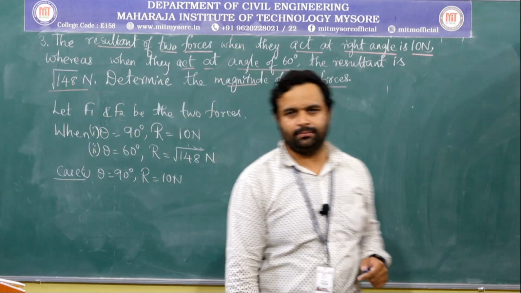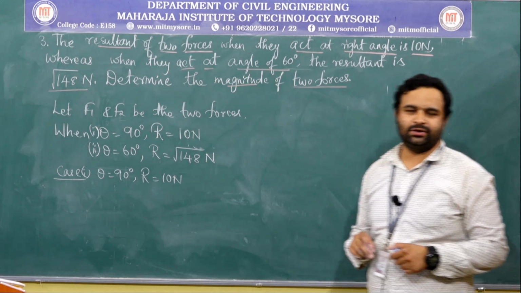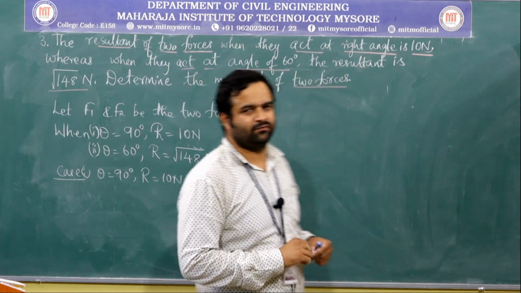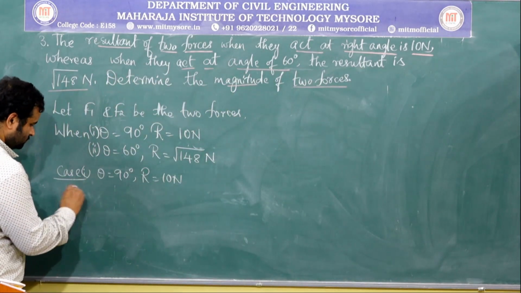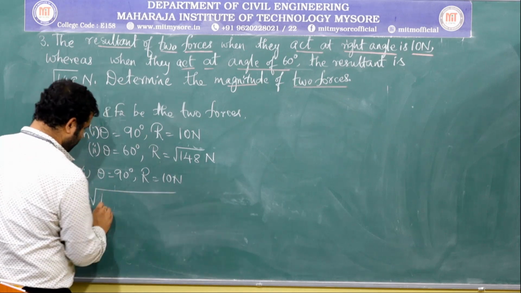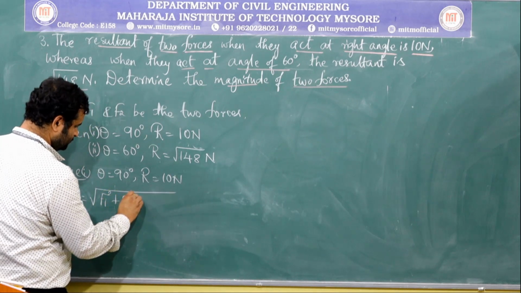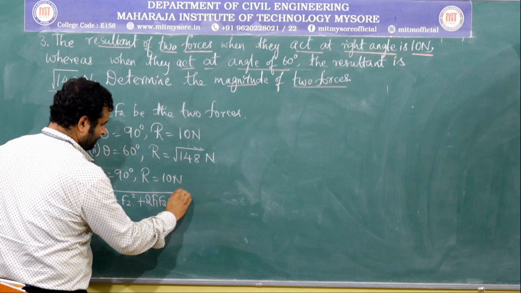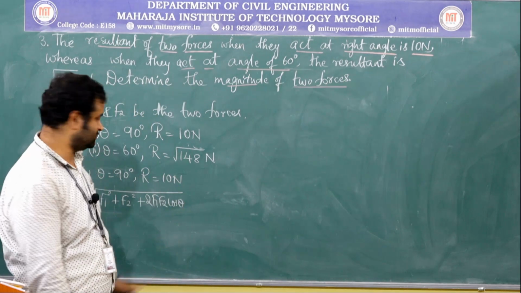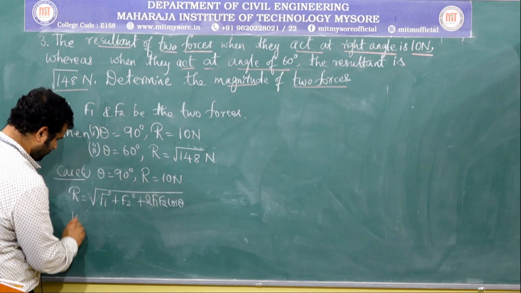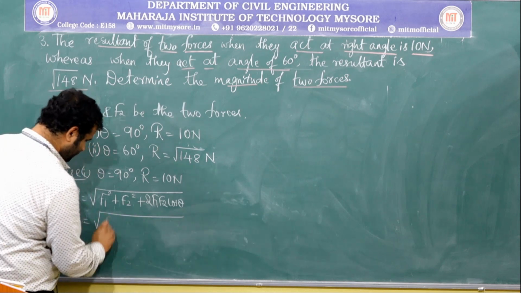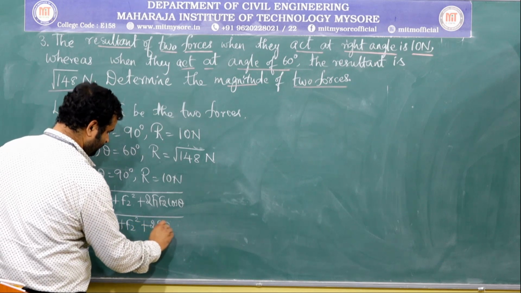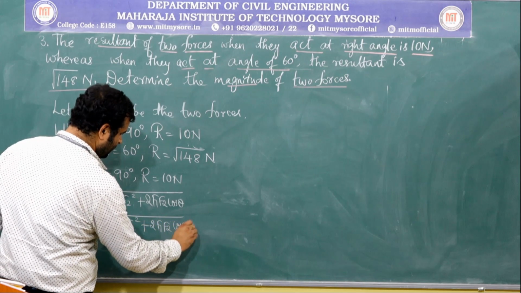In this problem, we have again only two forces. That means we can easily apply the parallelogram law of forces. So, we know R is equal to square root of F1 square plus F2 square plus 2F1 F2 cos theta from the parallelogram law of forces. So, R is equal to 10, square root of F1 square plus F2 square plus 2 F1 F2 cos 90.